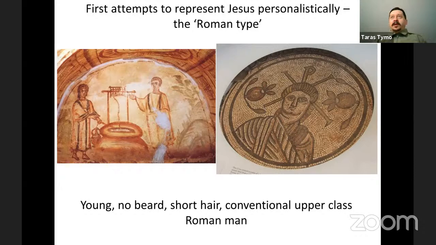Historical accuracy, like presenting a person as he or she was in real life, was pretty alien to ancient people, and understandably so, because in a culture where you don't have photography, you don't have any way to record how a person actually looked, it was unwise to rely on exact data about someone's appearance.